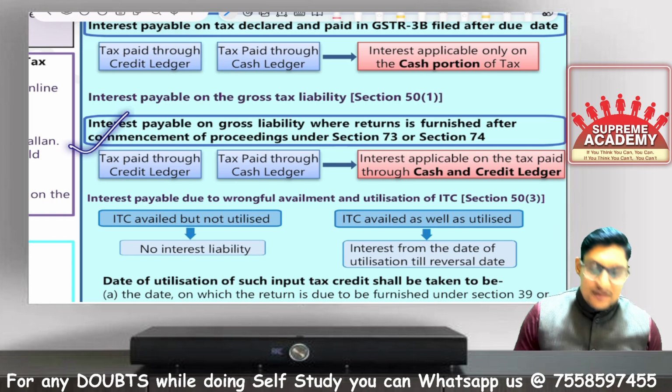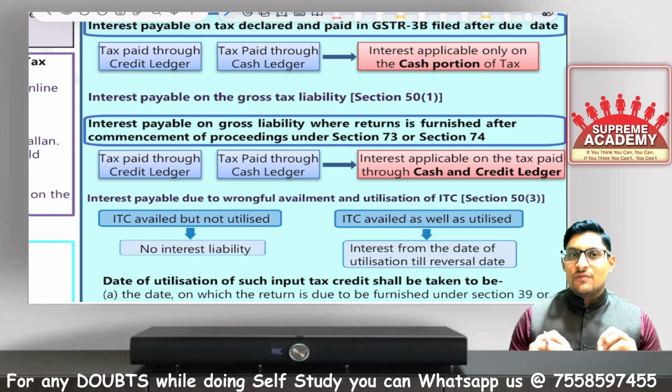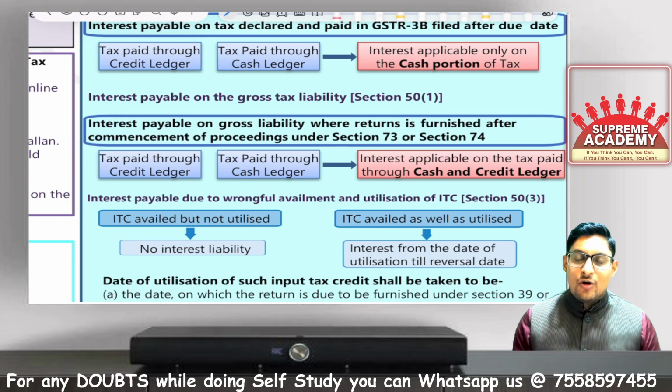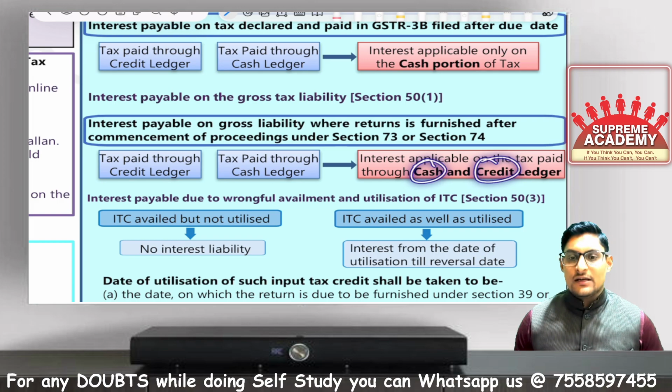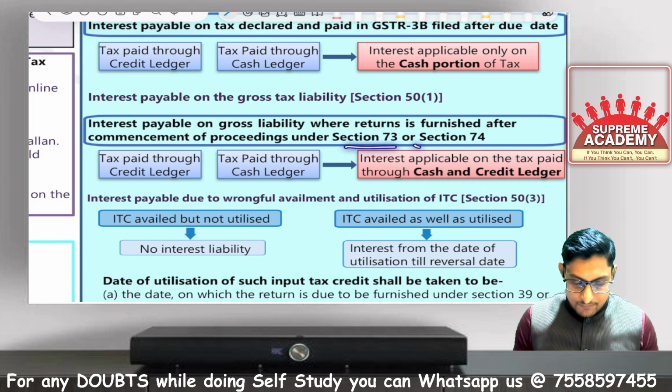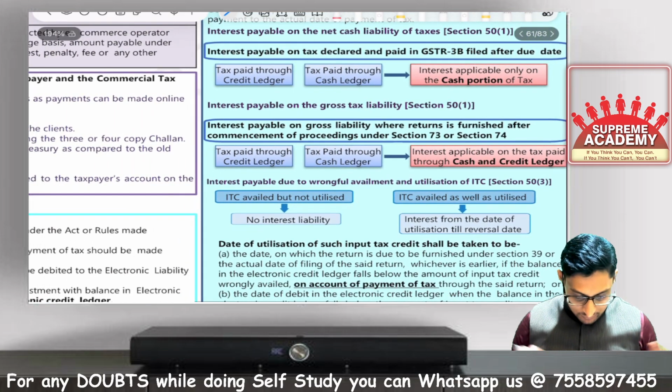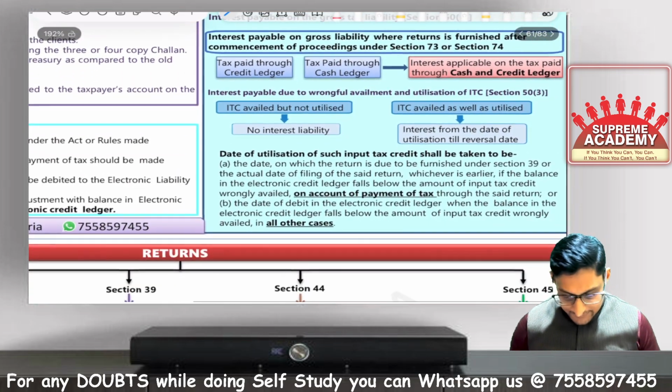Now in the second case, the 18% interest will be applicable on the whole amount of rupees 1 lakh, that is the amount paid using the cash ledger and the credit ledger, if the demand and recovery proceeding starts.